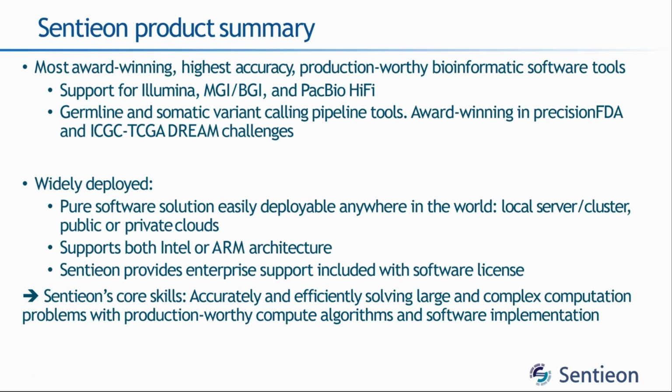Now, summing up the major pointers from Sentieon, or why you should opt for Sentieon, there's uncompromised precision, there's a significant decrease in the turnaround time, which also leads to cost savings. The analysis is quick. One example is the software is capable of converting 30x WGS data from FASTQ to VCF in under 30 minutes.